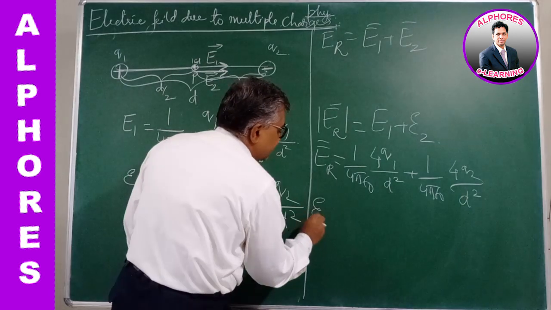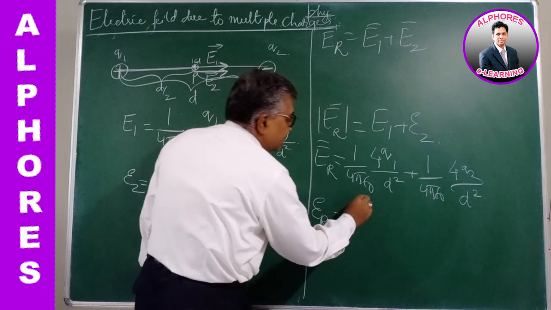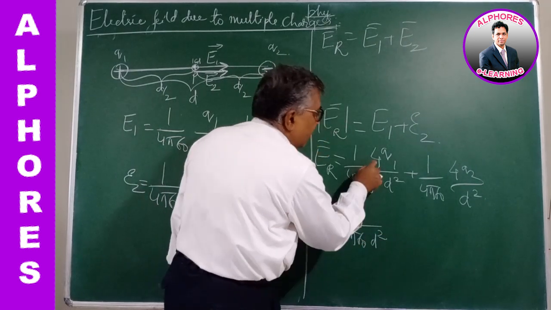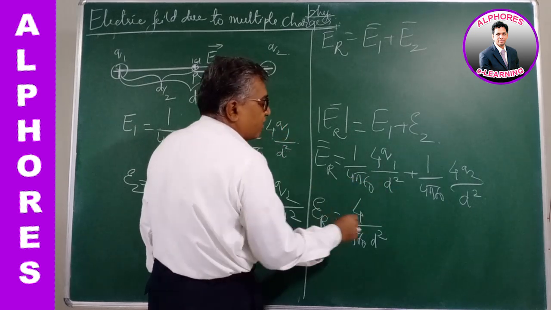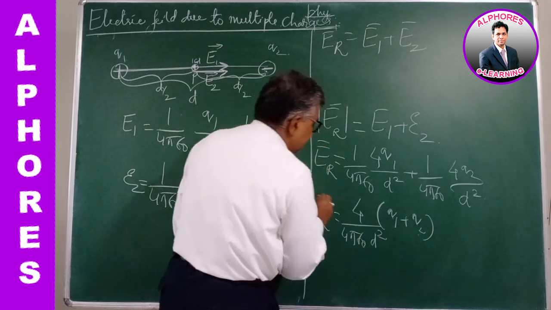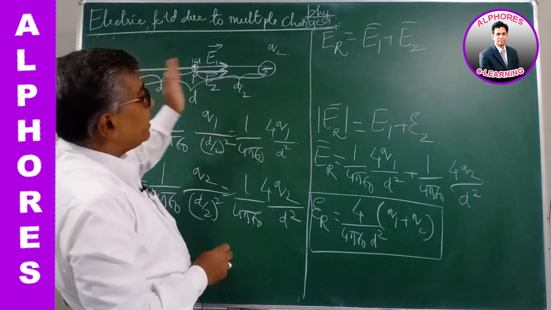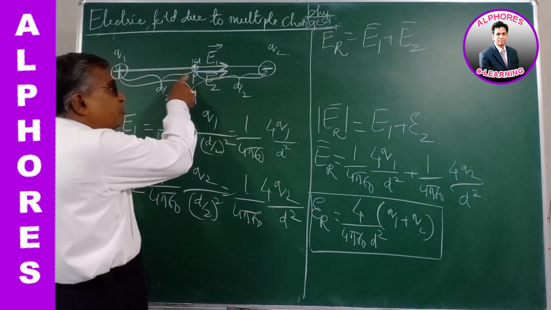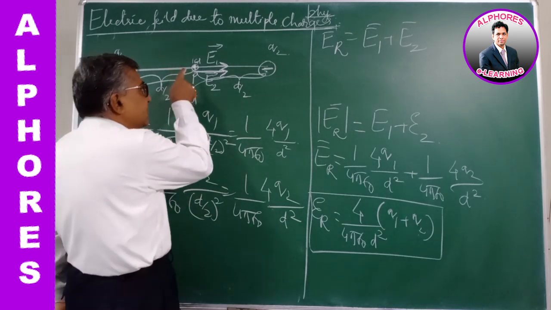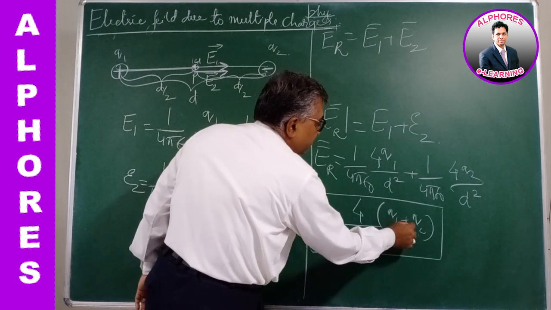So therefore the resultant electric field, taking all the common things out, is 4 by 4 pi epsilon naught d square common, it's q1 plus q2. So this is the resultant electric field due to these two unlike charges at the midpoint between them: 4 by 4 pi epsilon naught d square times q1 plus q2.